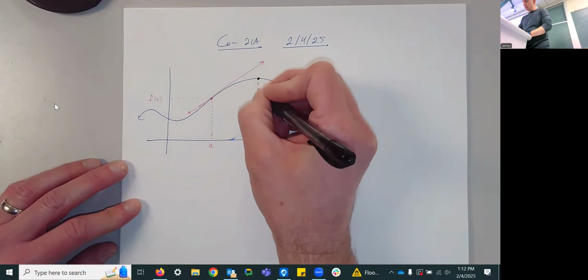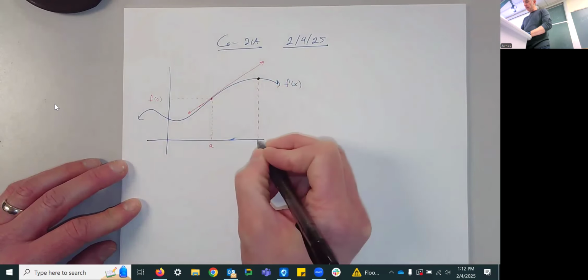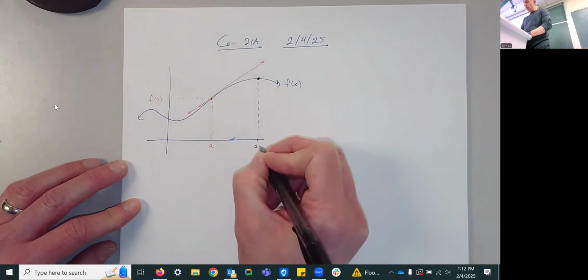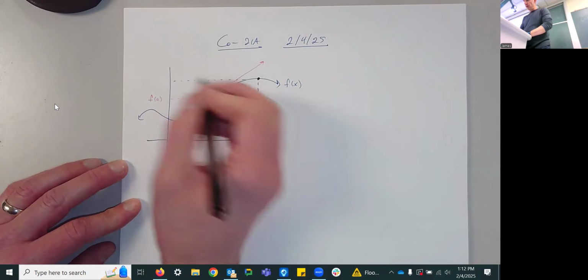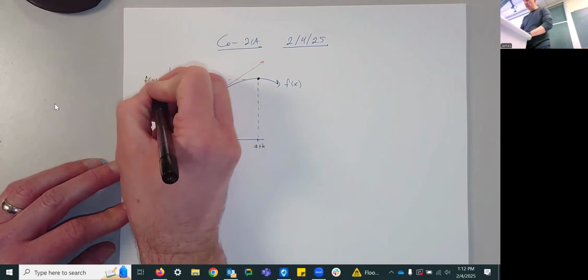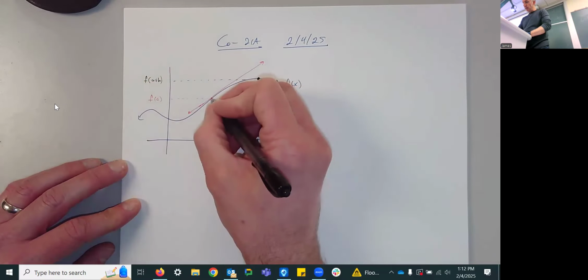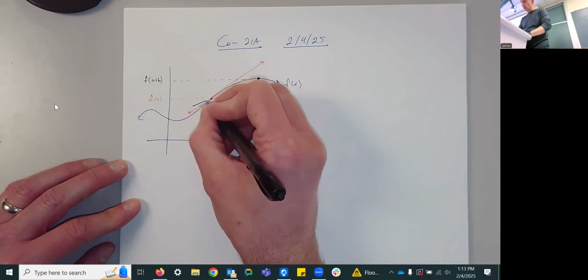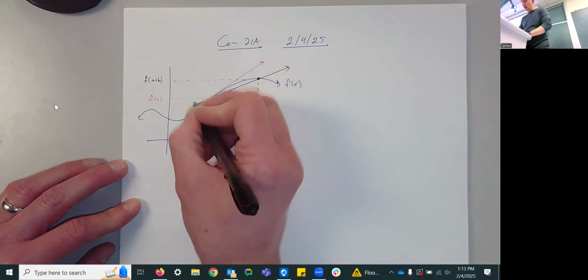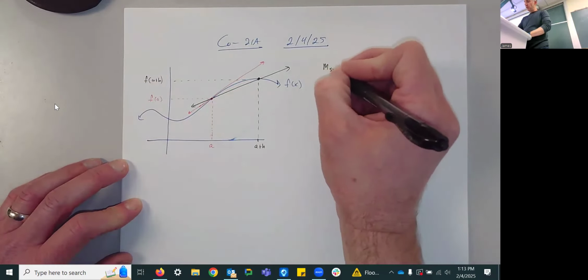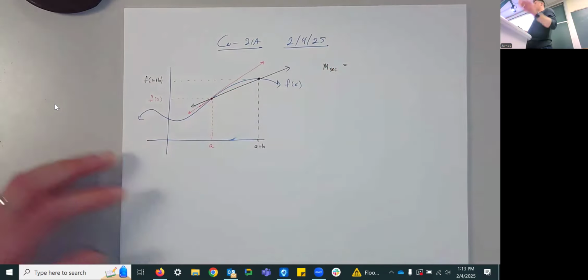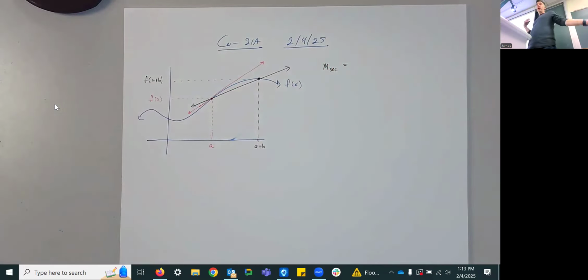And let's say it has an x value of a plus h and the y value of f of a plus h. And that secant line has some other slope. In fact, we can calculate the slope of that secant line. The slope of the secant line is how you usually calculate slope. Difference in the y's divided by the difference in the x's, or rise over run, however you like to say it.